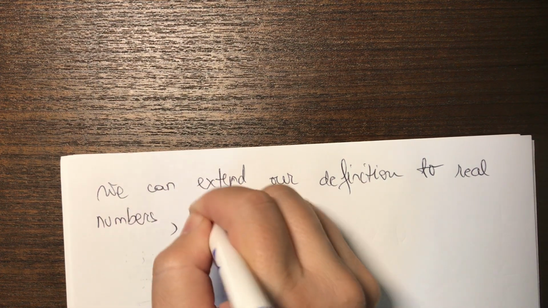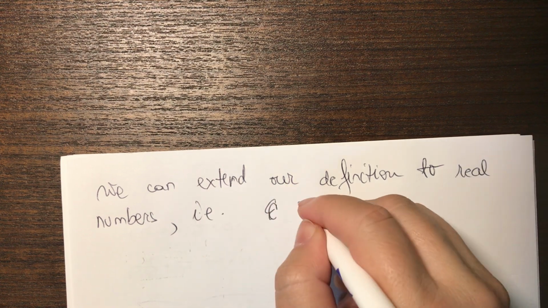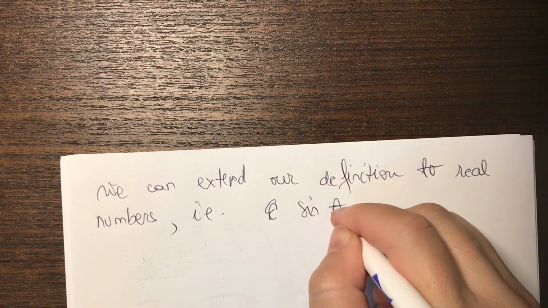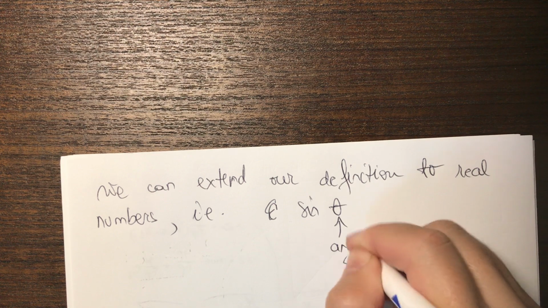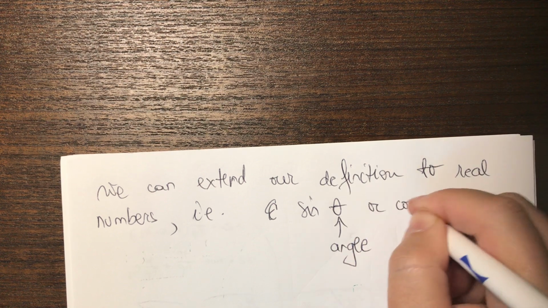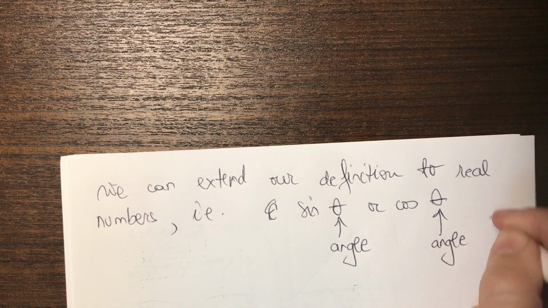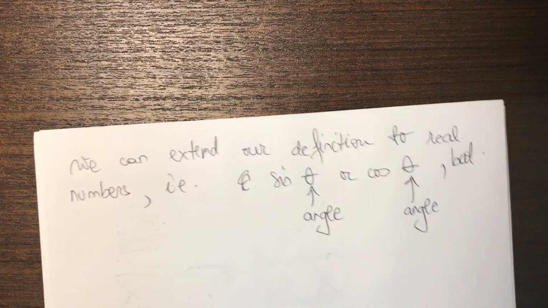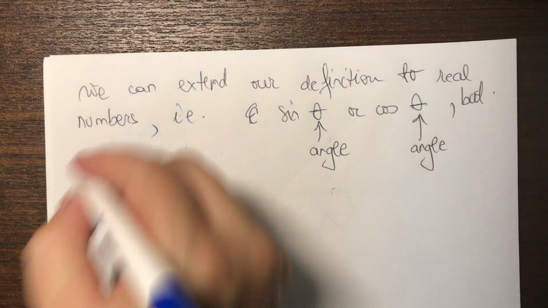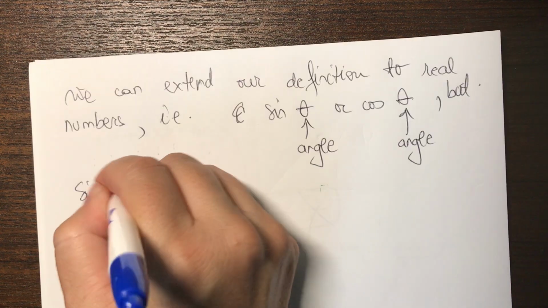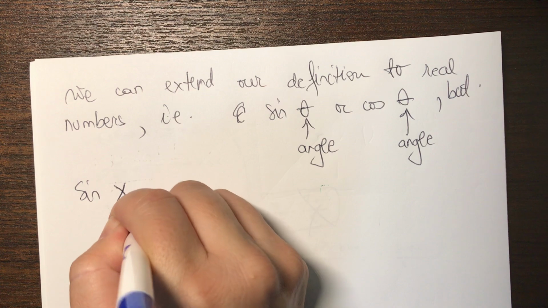In other words, we shouldn't just be talking about the sine of some angle theta or cosine of some angle theta, but we can very well be talking about sine of some kind of number.